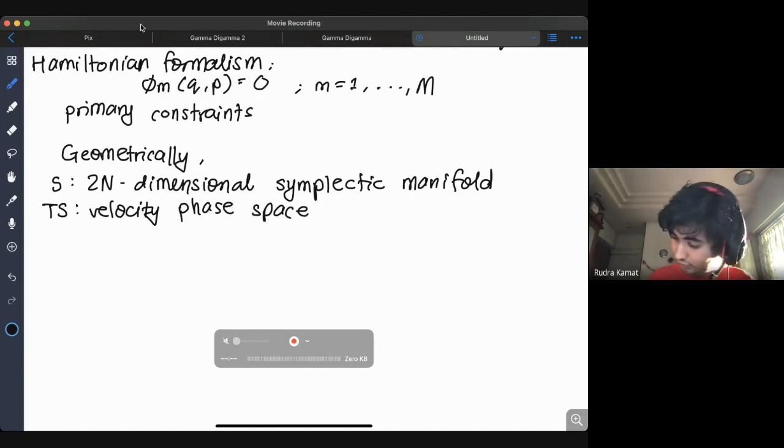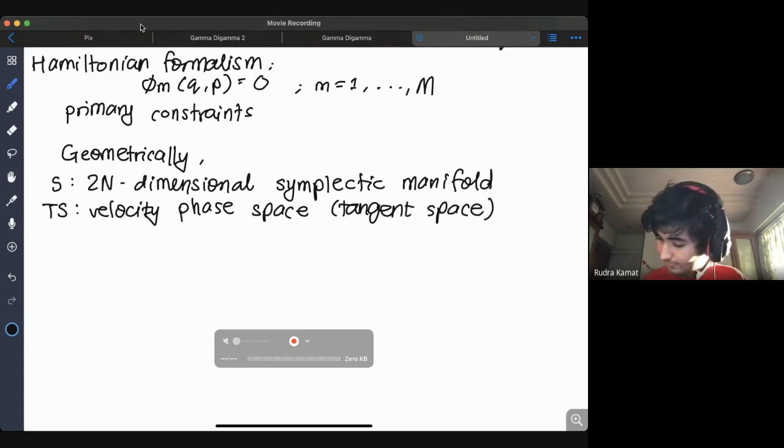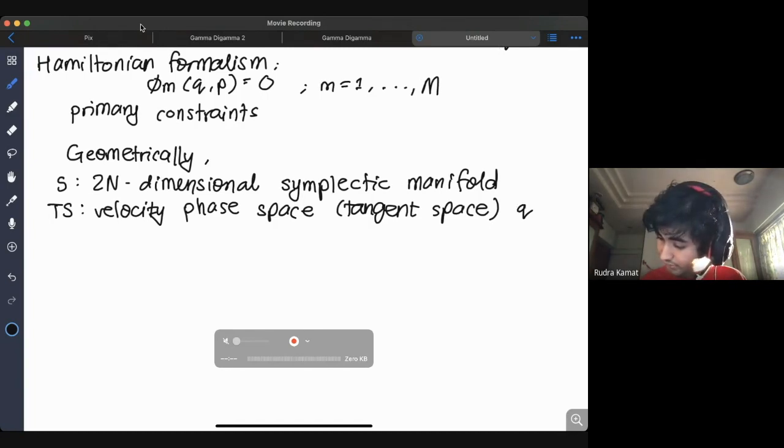It is also the tangent space of S, and its elements are these canonical velocities, q_i dots.